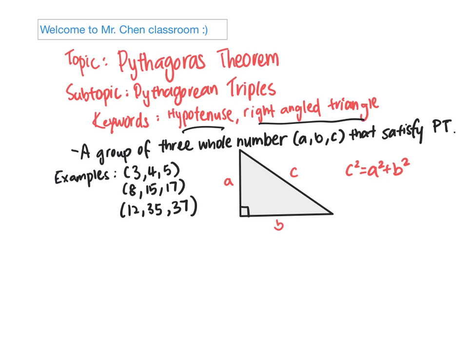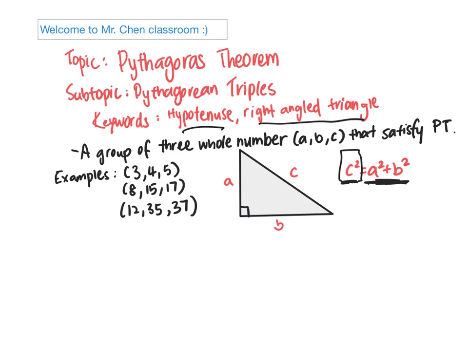As you know, the formula for Pythagoras theorem is c squared equals a squared plus b squared. That means the sum of the squares of the shorter two sides of the right angle triangle has to equal the square of the hypotenuse.